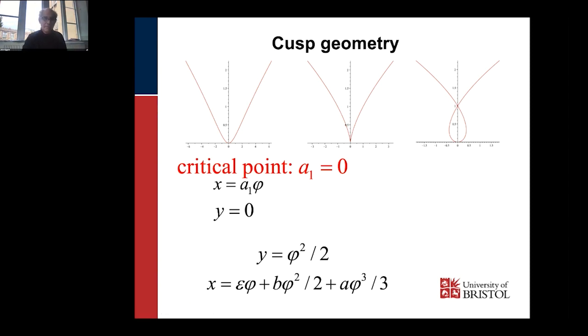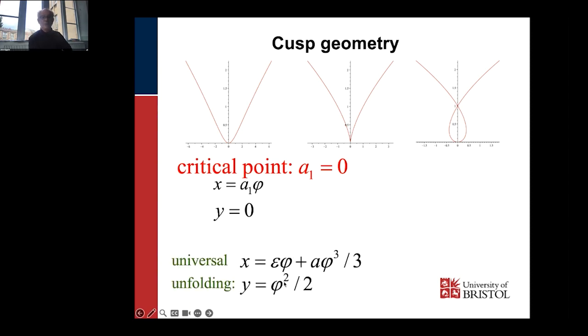And by a simple transformation, again, shifting the value of phi, I can eliminate this quadratic term, and I end up with the normal form for a cusp, a universal description, which is x equals epsilon phi plus phi cubed and y going like phi squared.